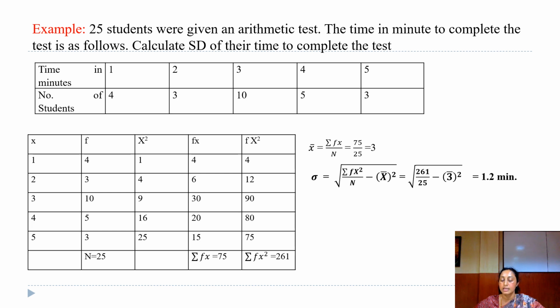So 3 minutes is the average time taken by the 25 students to complete the arithmetic test. Let us find the standard deviation using the formula root of (total of f into x square divided by n) minus x bar square. Substituting the values, we get 1.2 minutes. So 1.2 minutes is the standard deviation in the time taken by the students to complete the test.